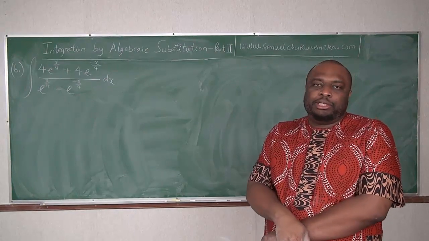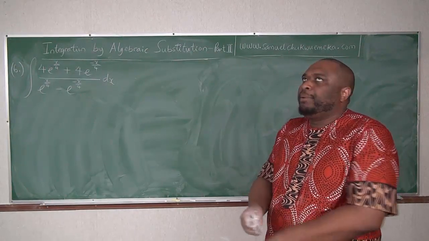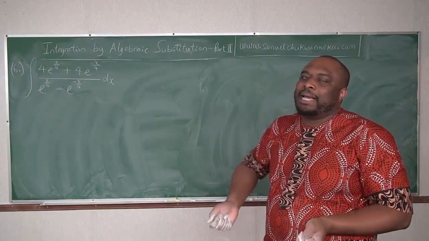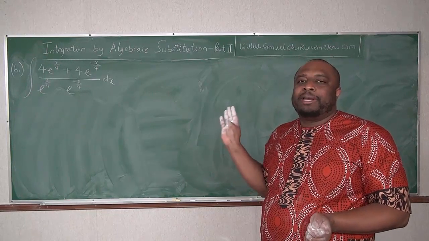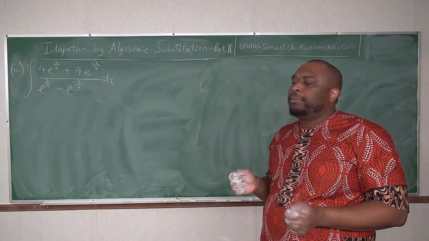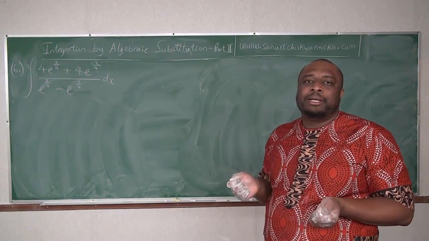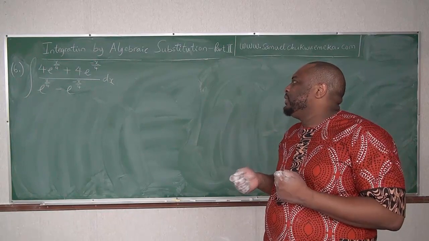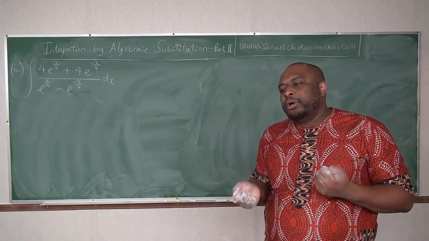What do you think you should do? What do you think you should substitute? Some people will say, since you don't like 4, maybe in the numerator you can factor out 4. Or some people will say, let's still use it like that and see what it will be. It just depends on what you're gonna use.